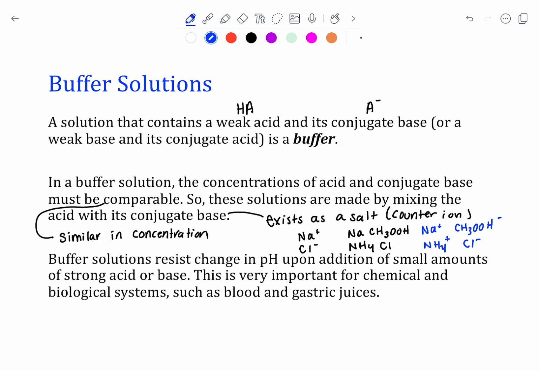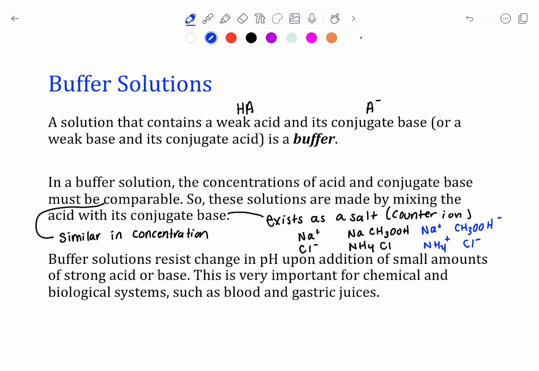If that happened, well then drinking a soda would just kill you. So we need a buffer present, so that when we add these small amounts of acid or base, it's not going to change the pH so much that it's going to essentially kill us. We have these in place so that we can do things like eat food.